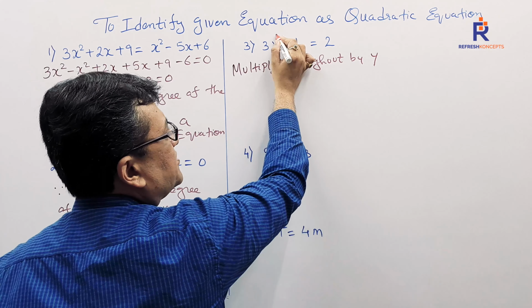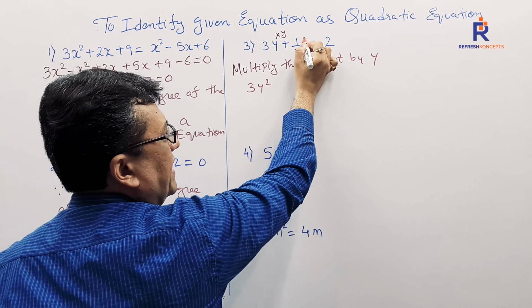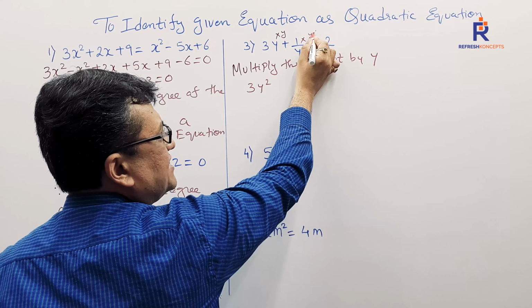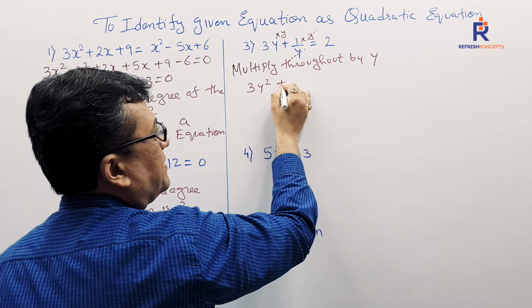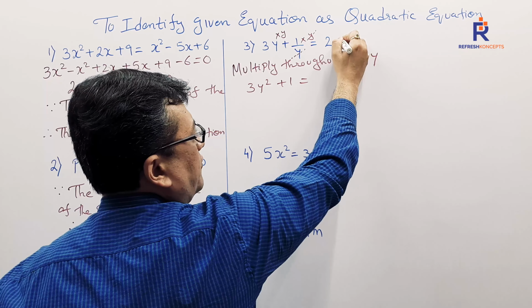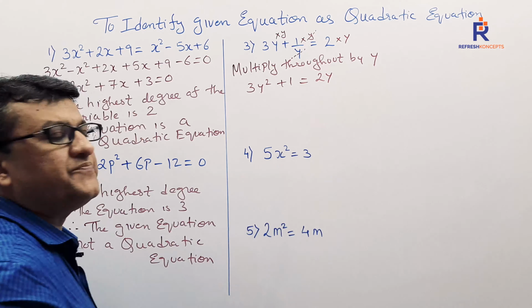So if I multiply this by y, this will be 3y square. When I multiply this by y, this y and this y will get cancelled off, so I am left with only plus 1. And when I multiply this by y, I am left with plus 2y.